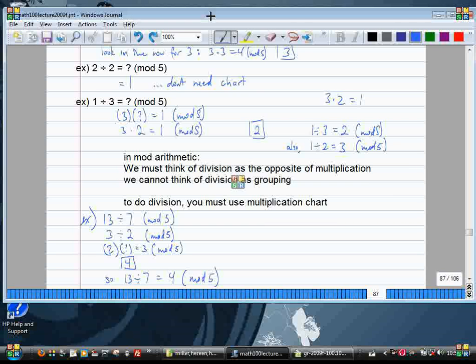Can we do mod 13? Why not? Can we do mod 48? Sure, why not? The only restriction is that it has to be a whole number.